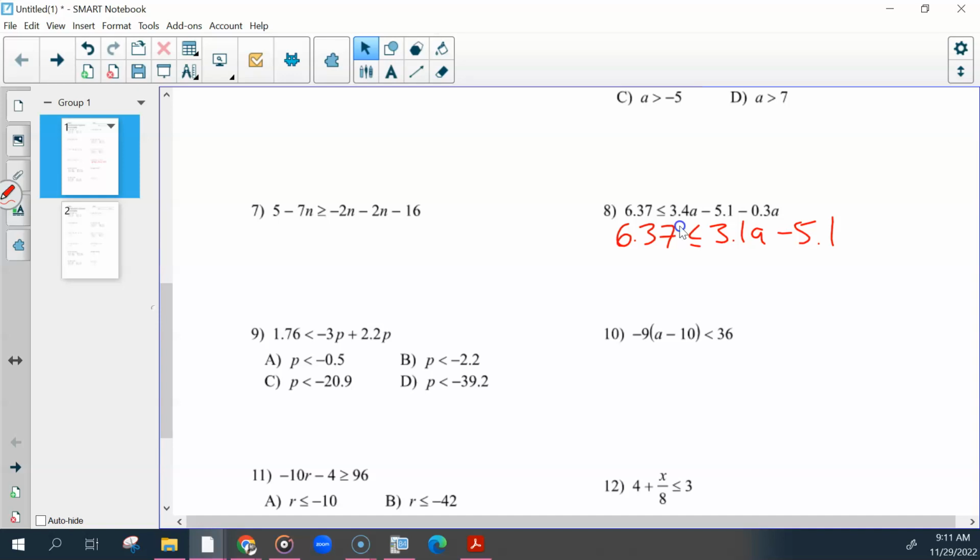Get rid of the 5.1 by adding it to the other side. And then we would divide both sides by 3.1. Someone do that, tell me what you get.